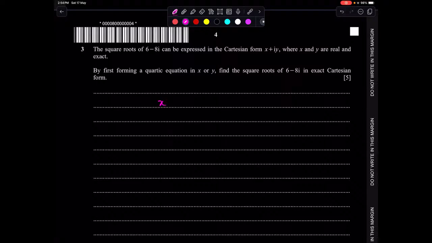So first, let this as x plus iy, 2 square roots, so use under root 6 minus 8i. Then squaring on both sides.